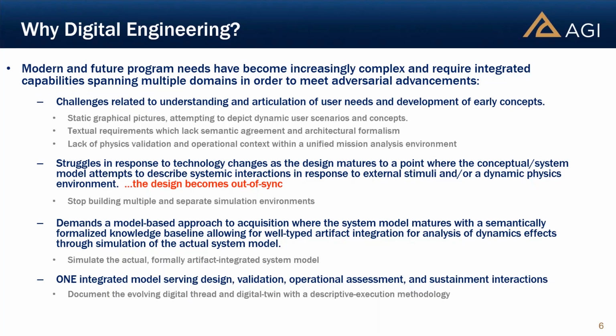Typically we find ourselves with either static graphical pictures to describe some scenario, and we lead into that with some textual requirements that try to describe a requirement, but again, they lack the semantic formalism that's really needed to get ourselves towards simulation. And ultimately, there's this lack of physics validation as we look at these concepts, and those are some real challenges that we need to address through digital engineering.